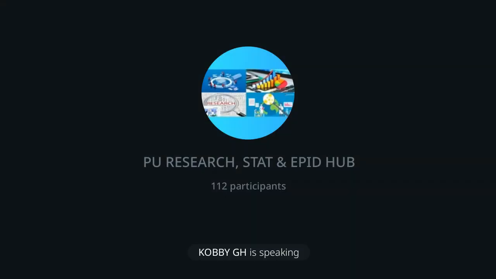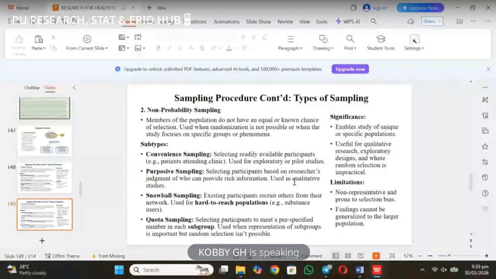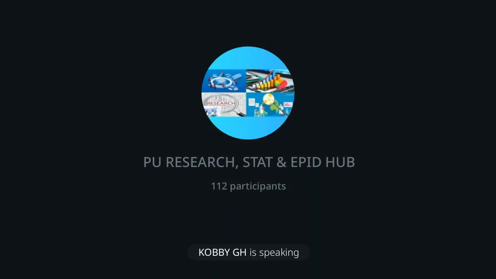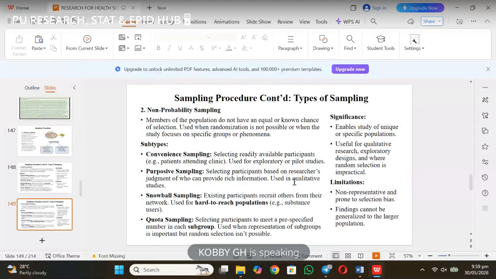You have about 10 MCQ questions on this very part of the methodology alone, the sampling procedures. I'm not expecting anyone to miss some of these things because these are basic things in research. If convenience sampling is in a scenario, I don't think anyone should miss it.